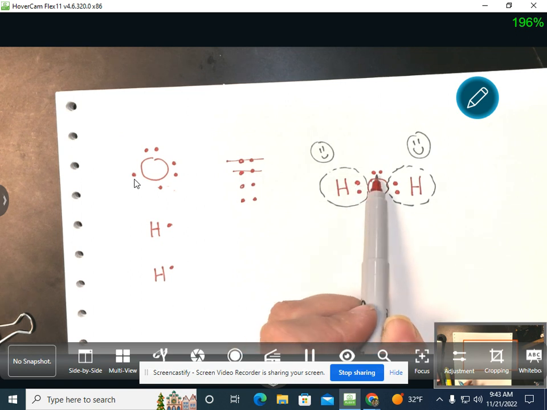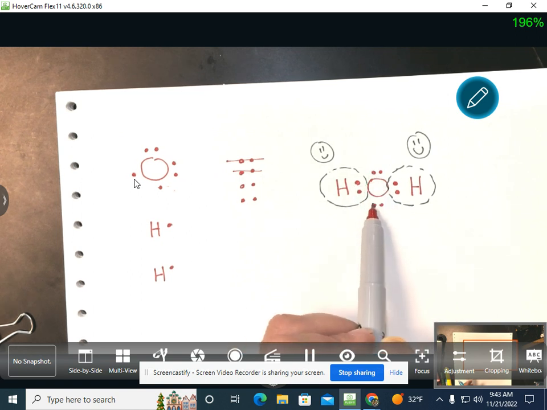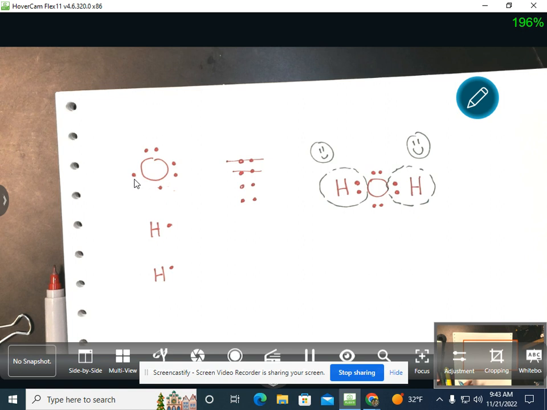But there is nothing bonded here, and there is nothing bonded here. So tetrahedral geometry is going to look like this.